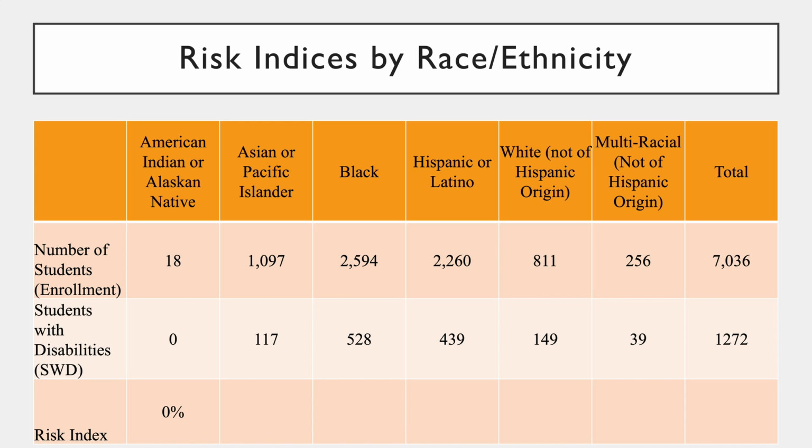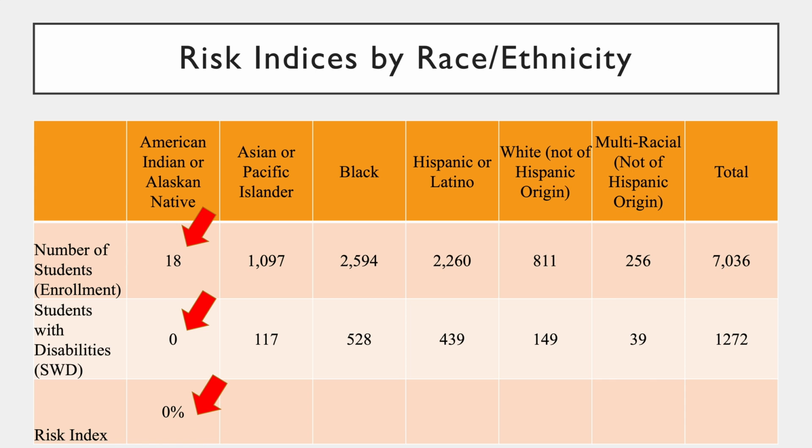The way we do the calculation, as we just showed in the previous slide, is we take the total number of students with disabilities, divide that by the total number of students enrolled, and multiply that by 100 to get a percentage. Here, we're doing it as it relates to a racial ethnic group, meaning what's the rate of the occurrence of classification within a specific racial or ethnic group.